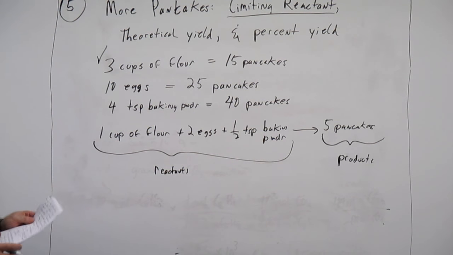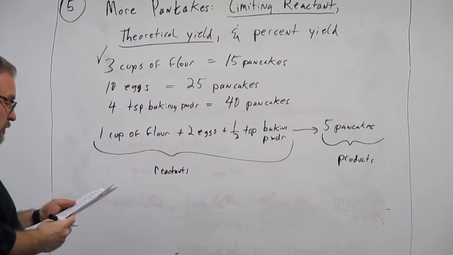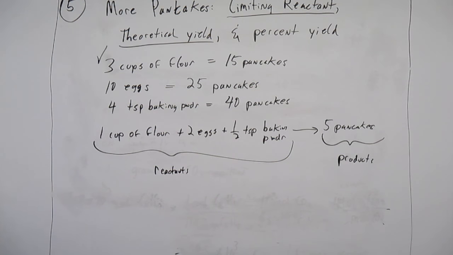Now there is another concept called the theoretical yield, okay? The theoretical yield is the amount of product made with the limiting reactant. So in my pancake example, which one is going to be my theoretical yield? 15 pancakes.